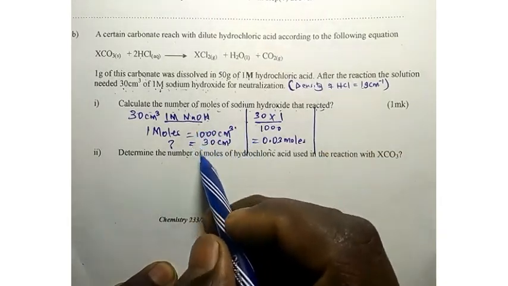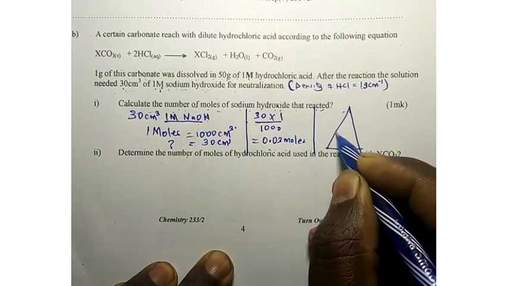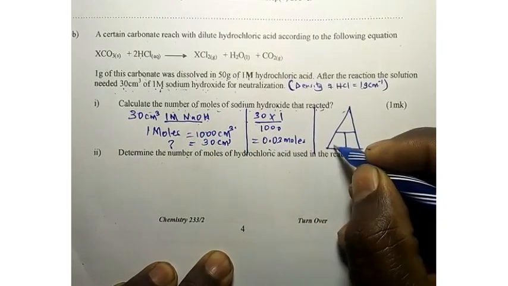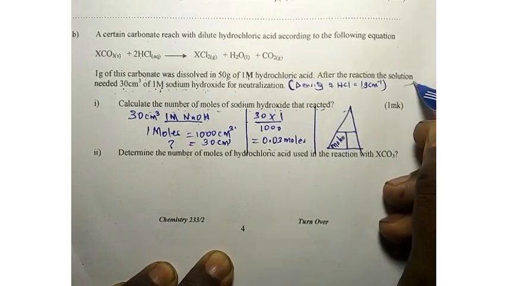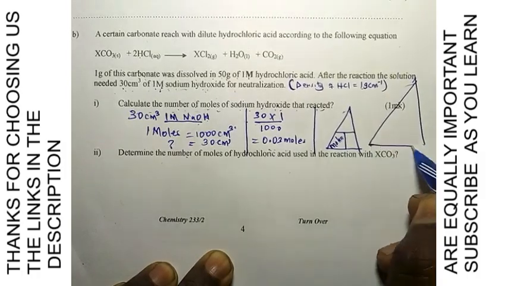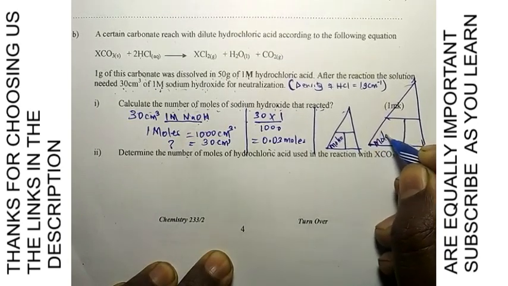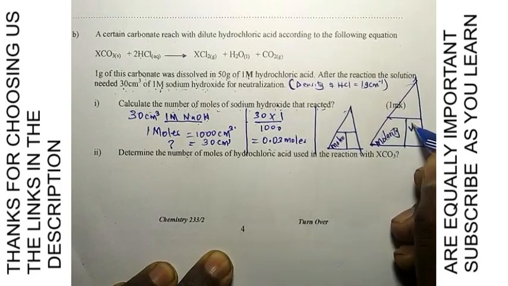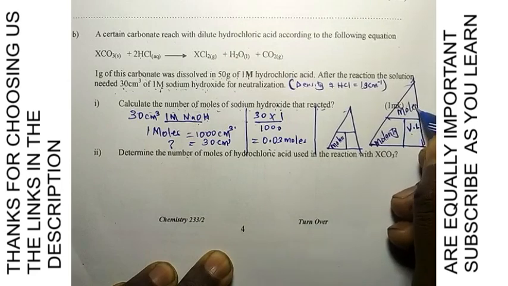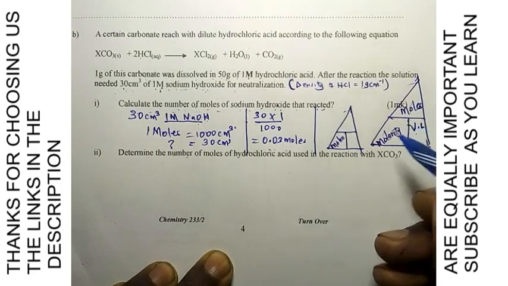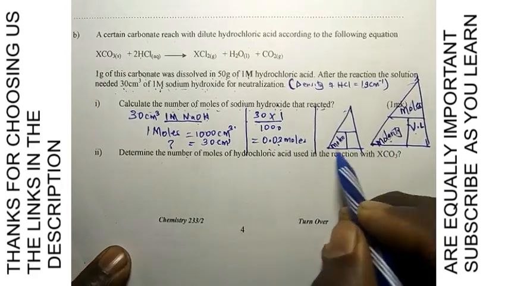When you have molarity, I can give you another formula you can use. There is a triangle here: molarity, volume in liters, moles. This volume must be in liters. You can use this formula and you will get the same answer. We have the molarity of sodium hydroxide, which is 1.